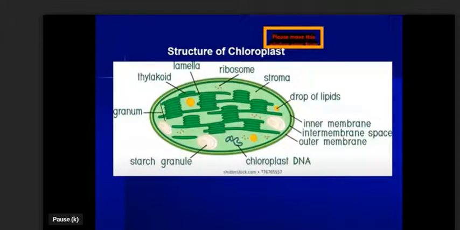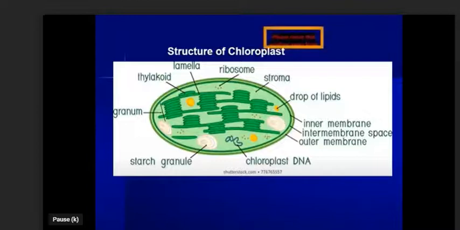In the process of photosynthesis there is absorption of light, and light is absorbed only by the chlorophyll molecule, which is present only in the thylakoid. That is why the light reaction of photosynthesis occurs in the grana, not in the stroma, because in the stroma there is no chlorophyll molecule.